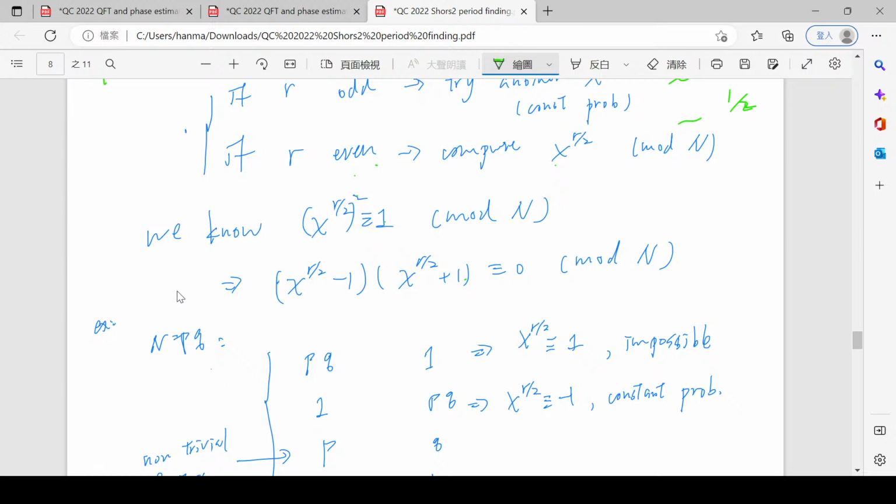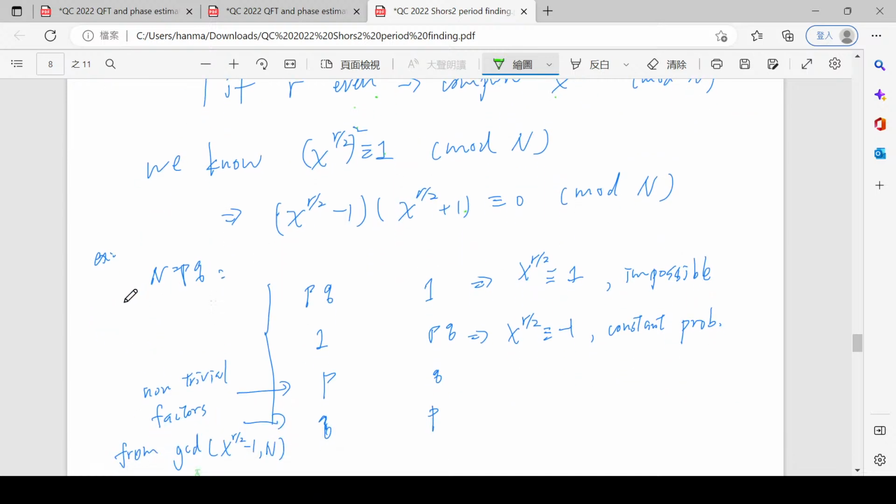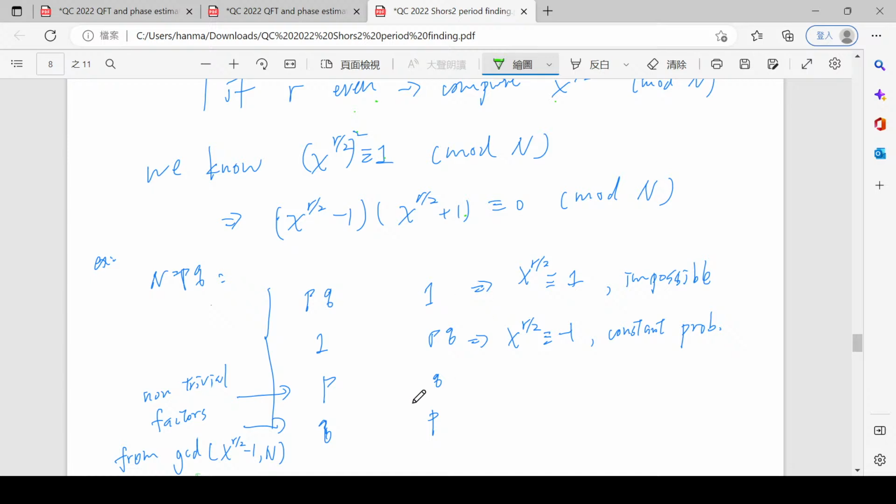Okay. So what does this mean? We can do this not very rigorous analysis of the situation. So let's say N just has 2 prime factors, p and q. Okay, this is most of the time what's going to happen when you try to factor N. And anyway, so N equals pq, and we know those two things multiply to be equal to 0 mod N. That means this thing is something like a multiple of N, right?